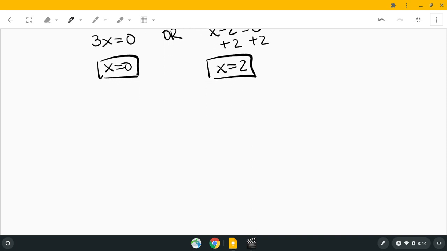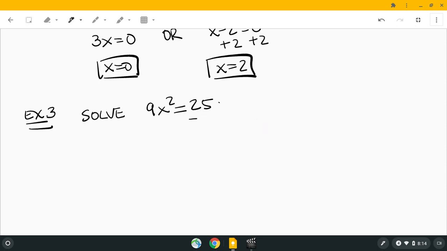Okay, let's take a look at another one. Solve 9x squared minus 25 equals 25. Okay, so 9x squared equals 25. Again, this does not say equals 0, so I need to fix that.